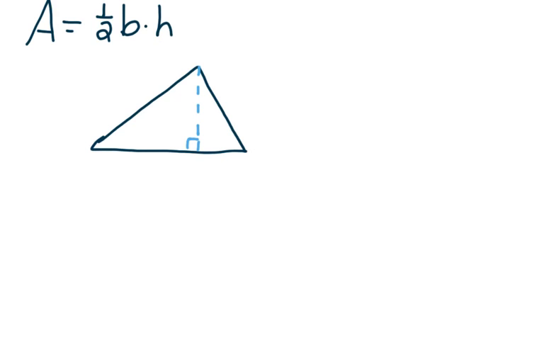All right, now we're going to give measurements to our triangles. Okay, so our height is going to be 3 inches. And then for the base, I have 5 inches on this side and 1.5 inches on this side.